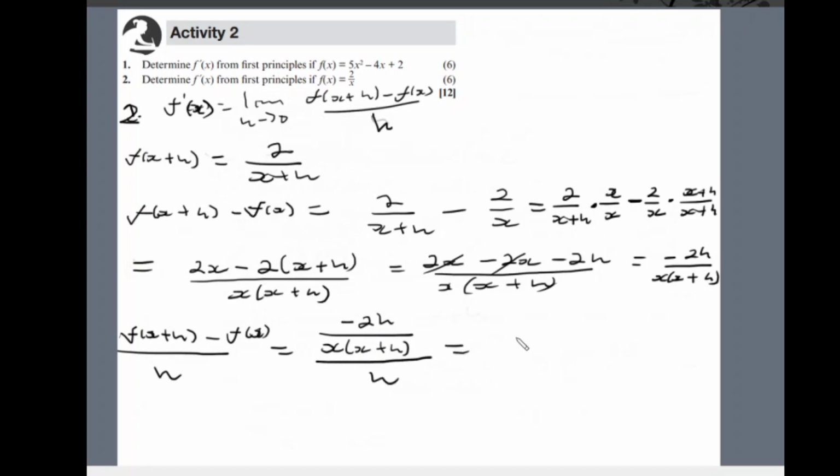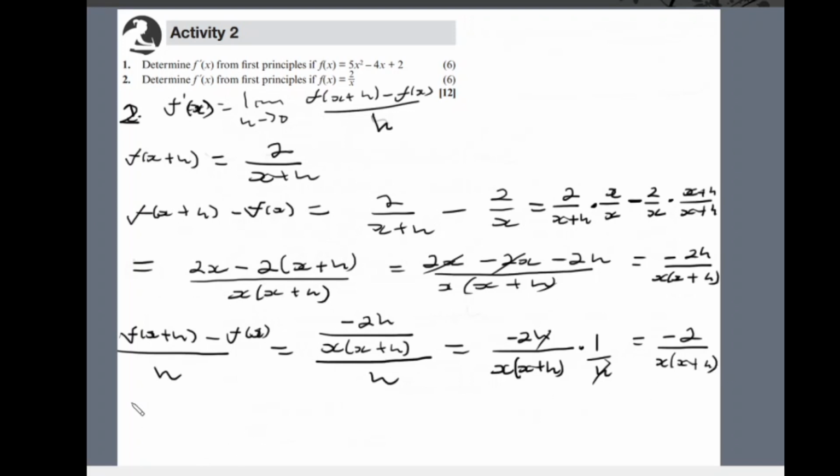So this will be equal to minus 2h over x times (x plus h), times 1 over h, right? This h and that h will cancel. We will be left with minus 2 over x times (x plus h).